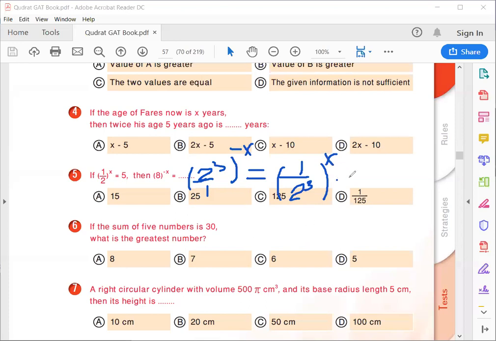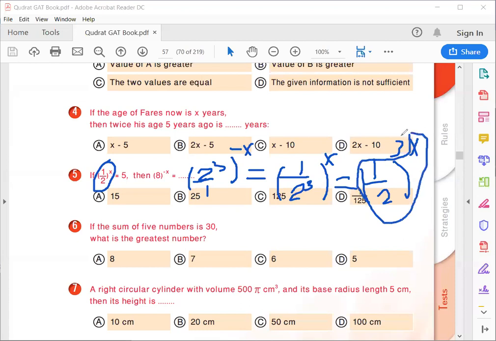So the answer is 1 over 2, all to the power 3X, right? Now I have half to the power X, so you change it to 5.